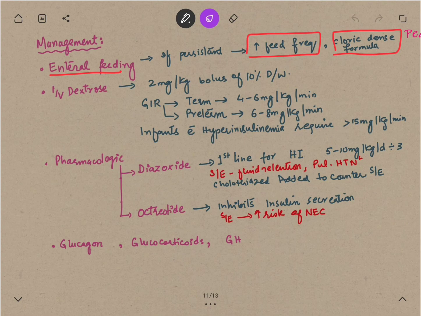Well, if the child is hypoglycemic, for emergency management we have to give a bolus of 2 ml per kg of 10% dextrose water.